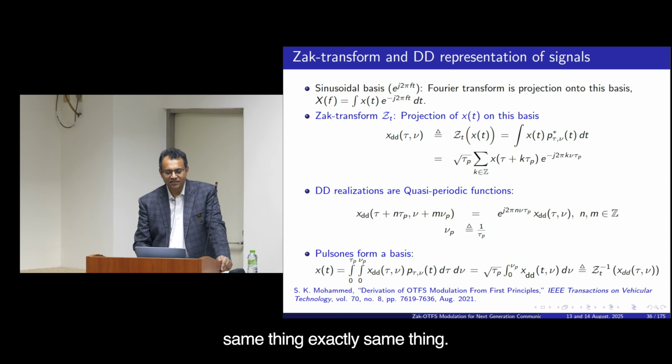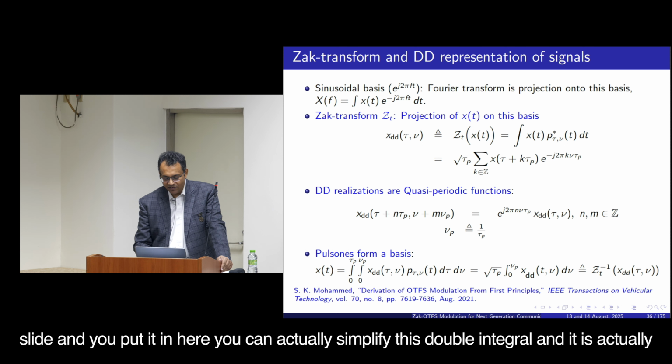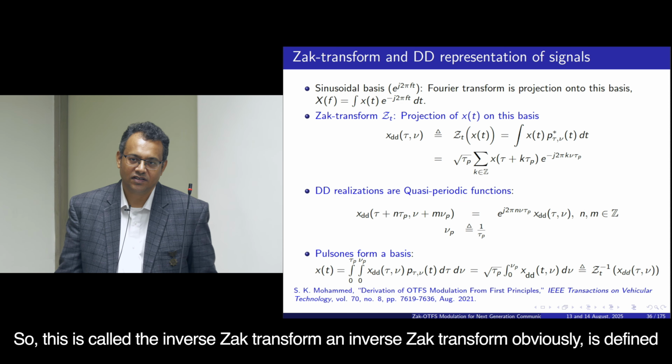It is exactly the same thing. So, this is called the inverse Zak transform. And if you take this expression from the previous slide and put it in here, you can actually simplify this double integral and it is actually this thing. So, this is called the inverse Zak transform.